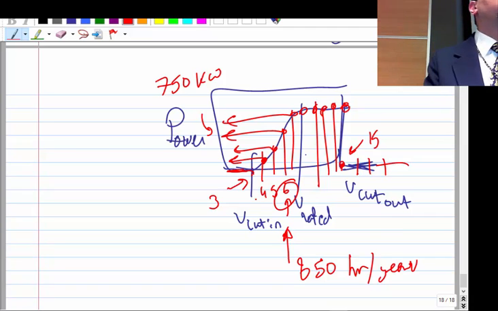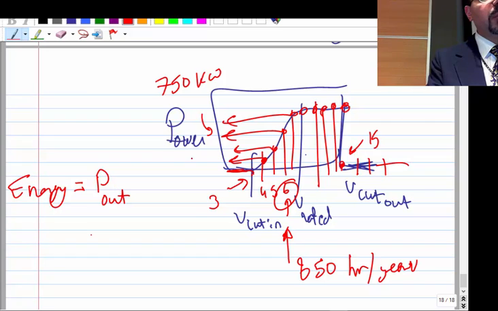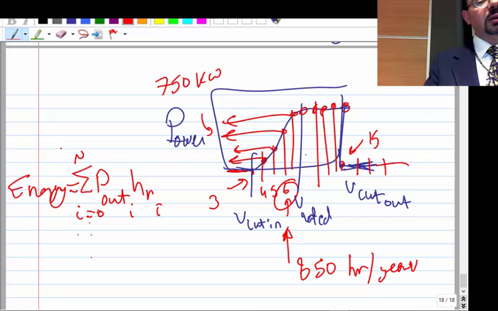So how much energy I'm going to get from that velocity when I use that turbine? So the energy is going to be the power out multiplied by the hours for that category, and you add all the velocity bins, so from i=0 to N.